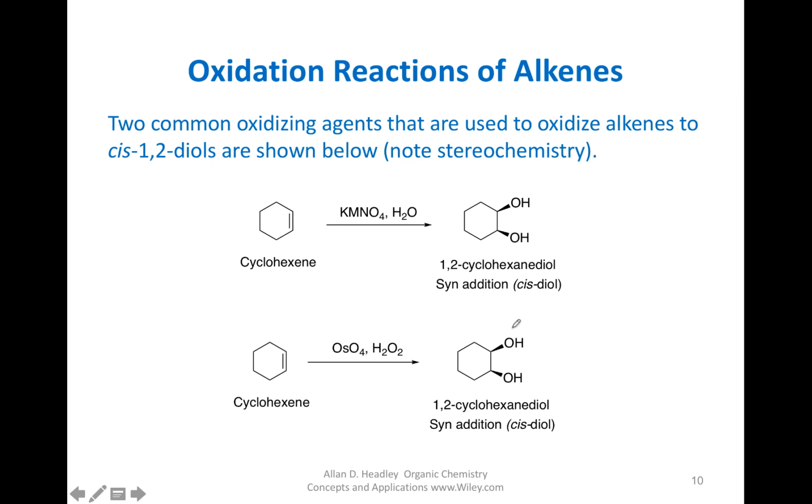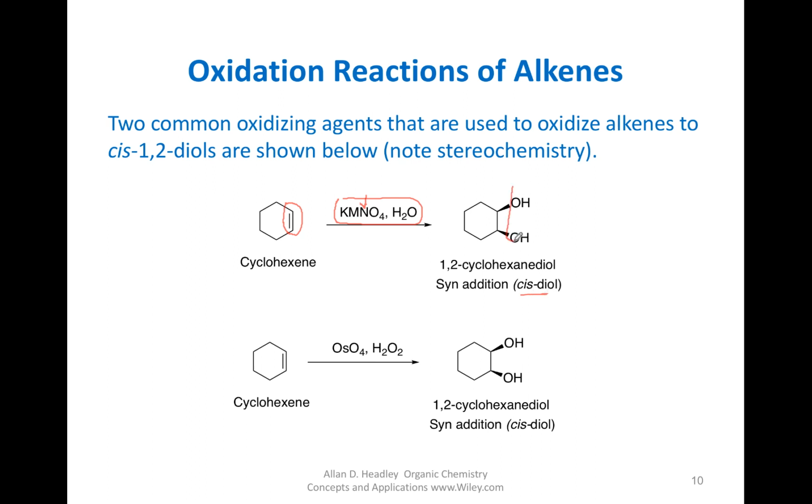Okay, let us look here at another type of oxidation, and this one is using KMnO4 in water. So here we have an alkene in potassium permanganate. By the way, this should be a small n. Using potassium permanganate, what you'll get here is a cis-diol.